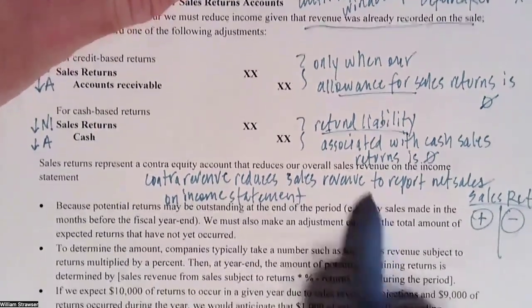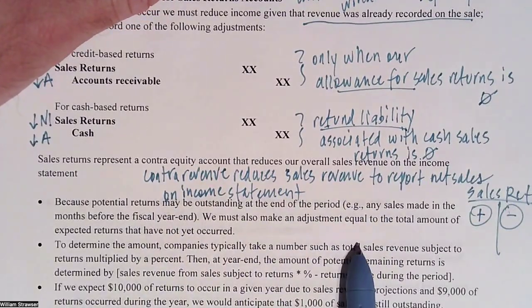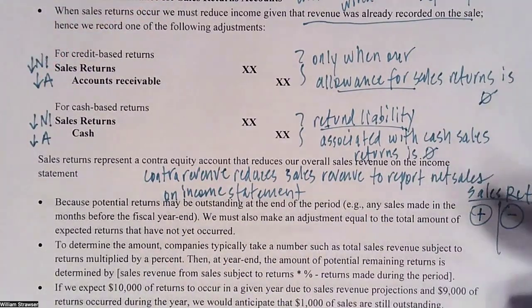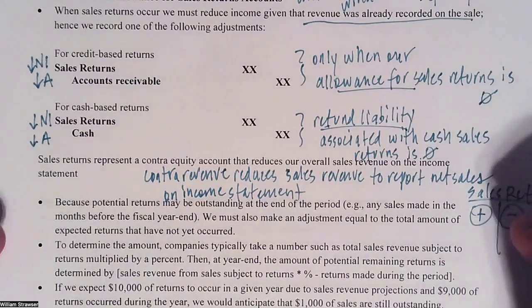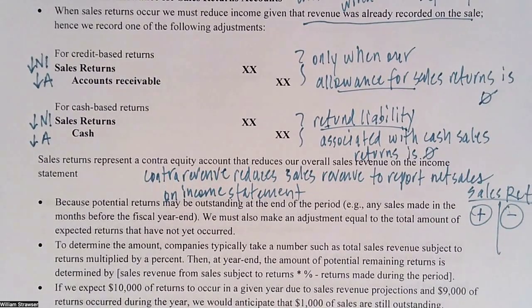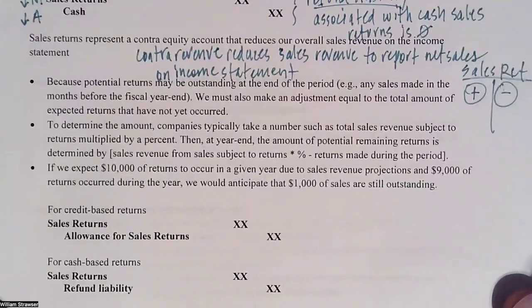So at the end of the period, we're probably going to have some merchandise sold where the return window has not yet expired. And if it's not yet expired, there's the potential for the return. So we have to make an adjustment equal to the total amount that's expected to be returned that hasn't yet occurred. And so how does that usually function within a company?